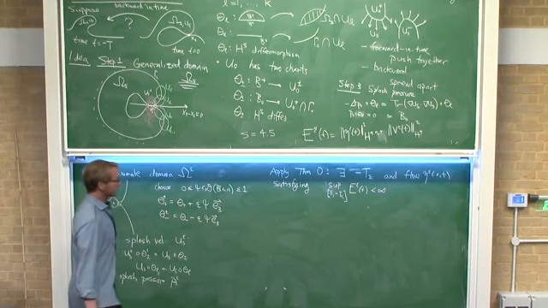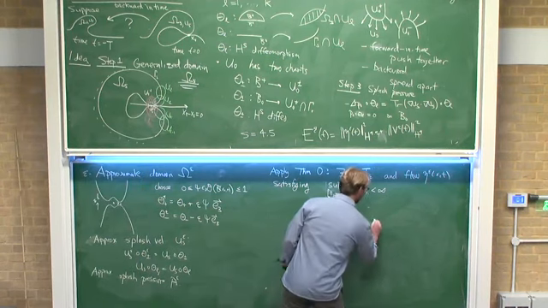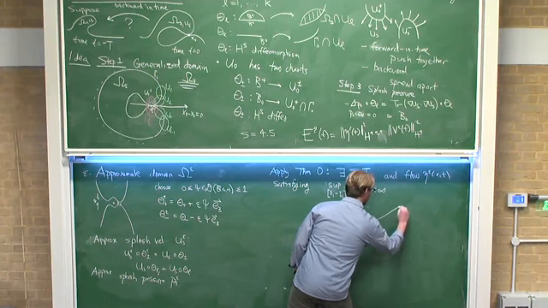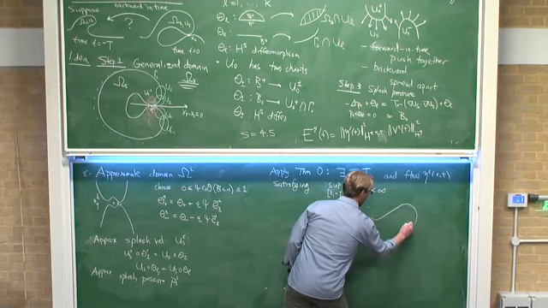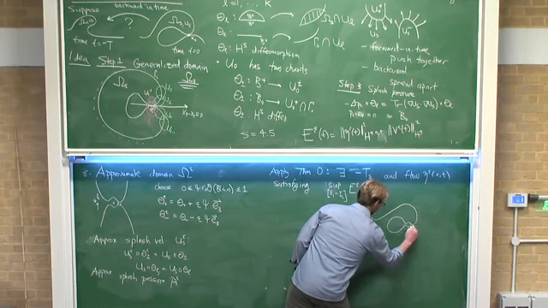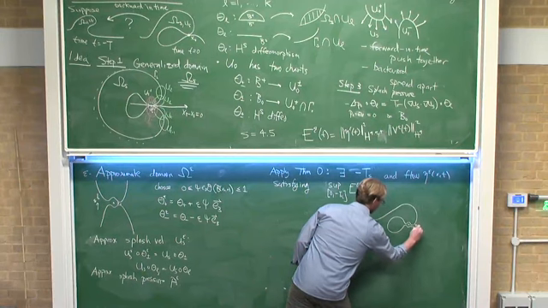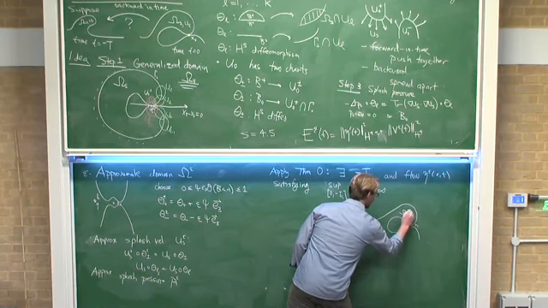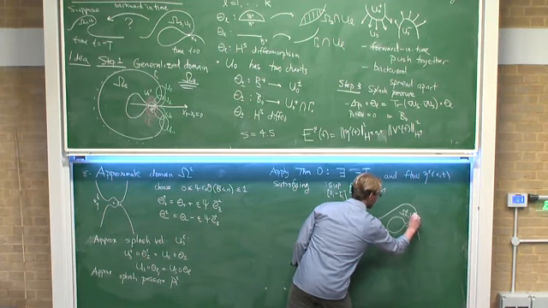So basically this means that you're starting with something that looks like, here's omega epsilon, and here's U epsilon.